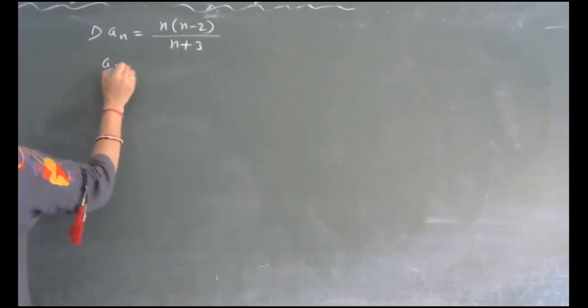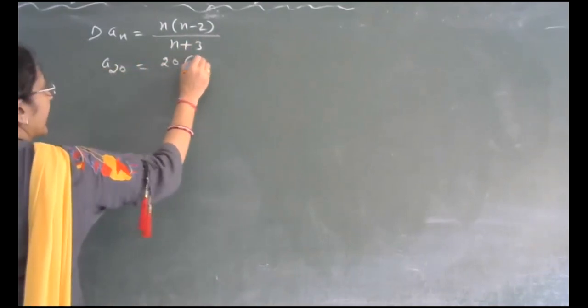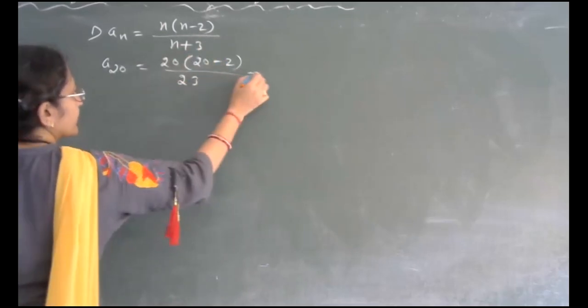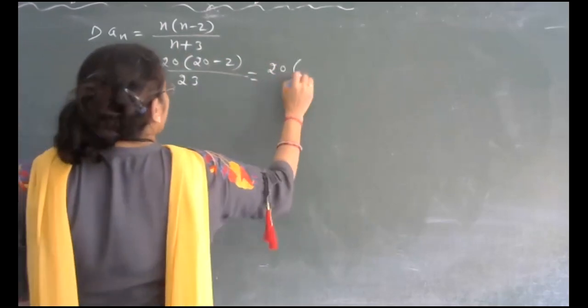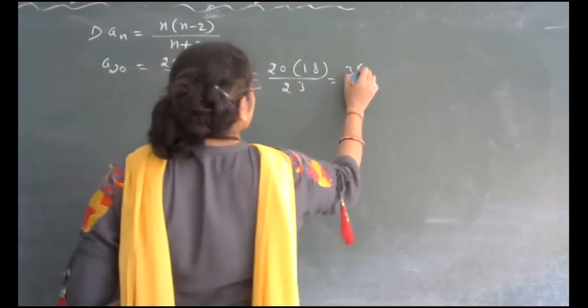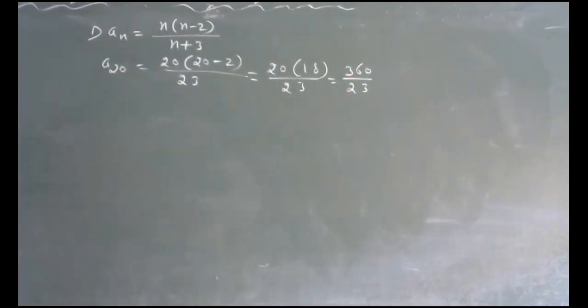So A20, you have to write the value of n as 20: 20 minus 2 over 20 plus 3, that is 23. So it will be 20 into 18 over 23, 360 over 23. First question.